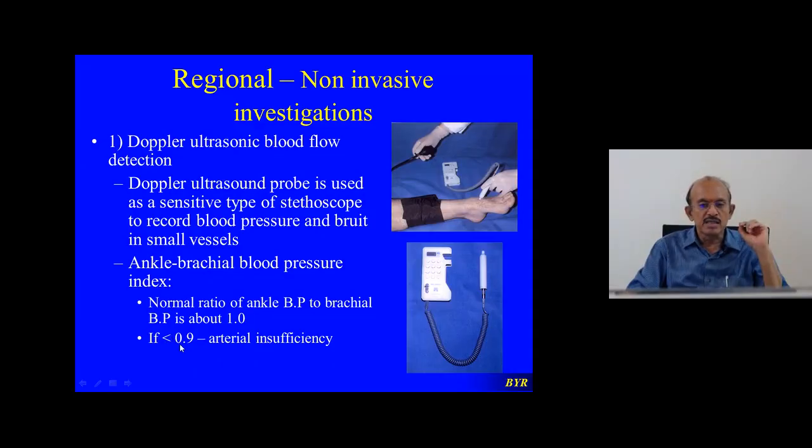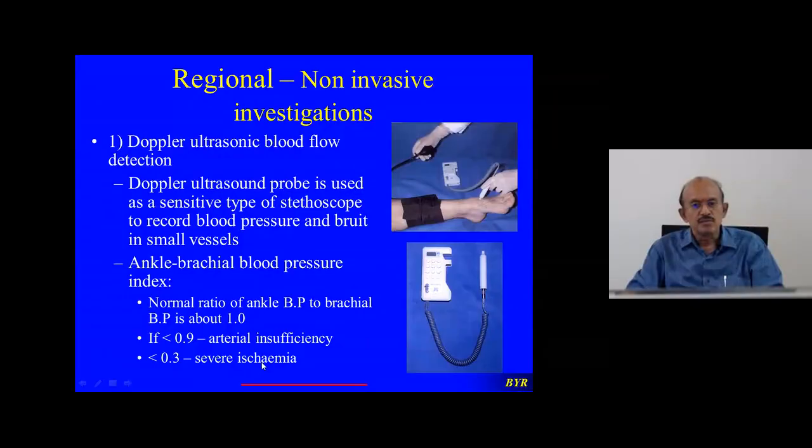If the ratio is less than 0.9, that indicates arterial insufficiency to the lower limb. If it is less than 0.3, severe ischemia. So you can quantitate the amount of obstruction with this Doppler ultrasound probe. This is the first preliminary investigation you do for the vascular study.